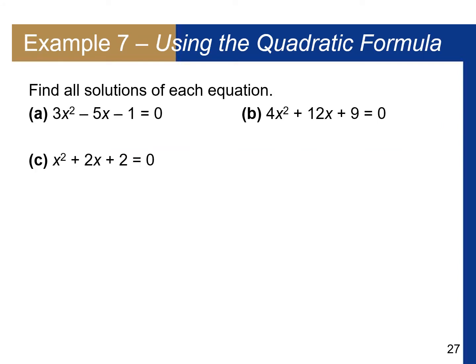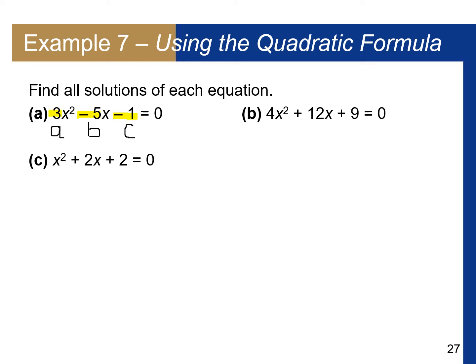Whenever I use the quadratic formula, whatever is with the x squared is my a, whatever is with my x term is my b, and my constant is my c. And as always, we take the sign in front of the number.